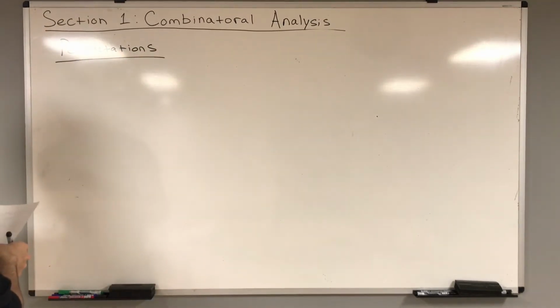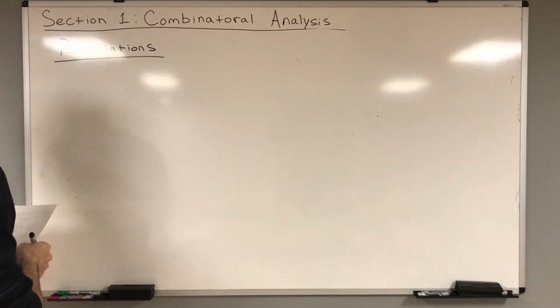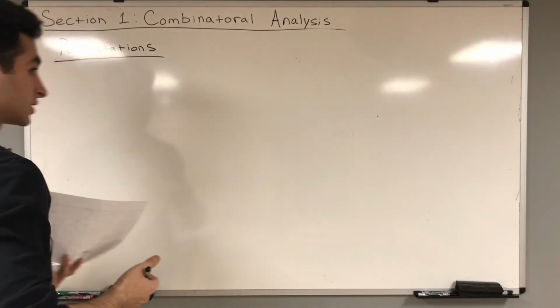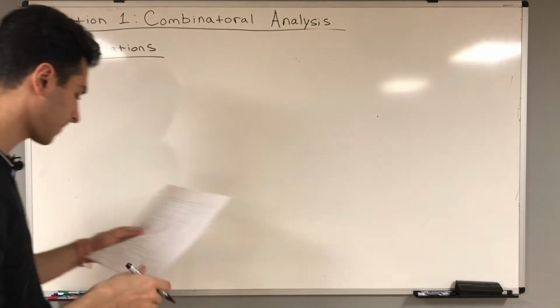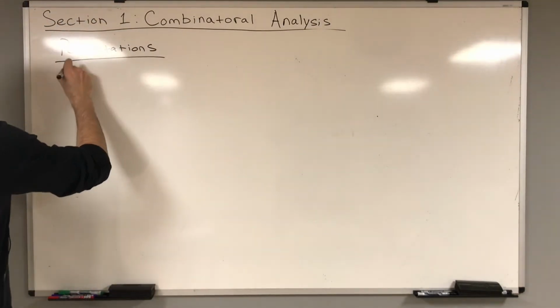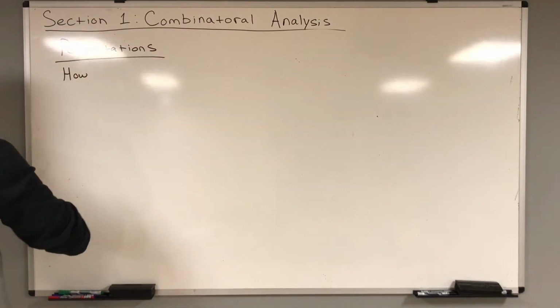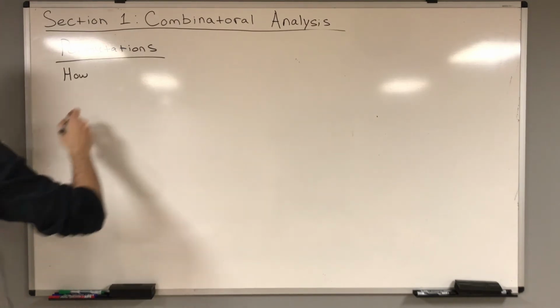So the best way to actually introduce permutations is by starting an example. So let's just do it. It's not really an example, it's just something to get to the definition of a permutation.